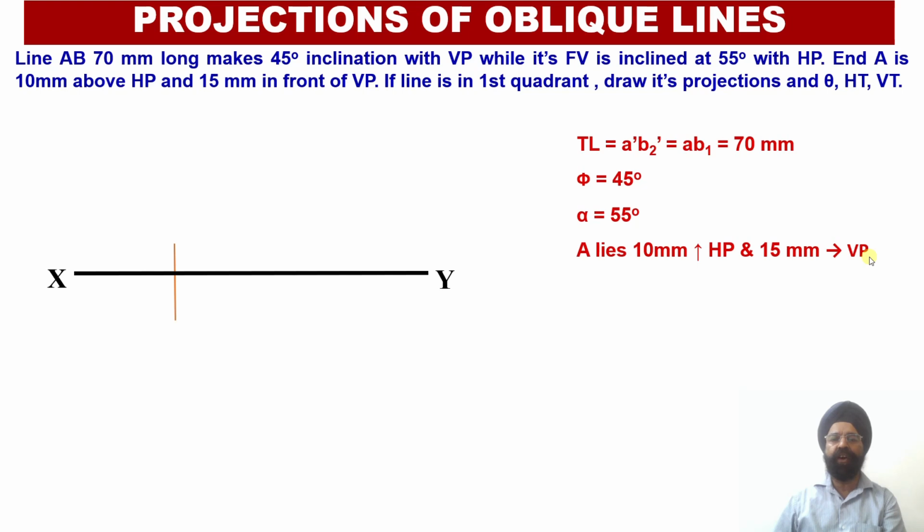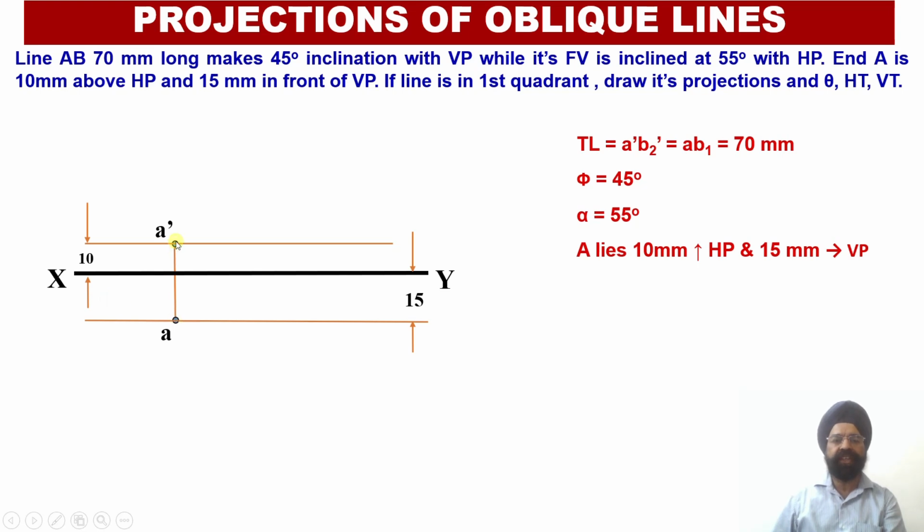Since end A lies in quadrant number 1, the front view, that is 10 millimeter above HP, will be drawn above the XY reference line, and the top view of end A, that is point A, will lie 15 millimeter below the XY reference line, since end A lies 15 millimeter in front of the vertical plane. So here we have A dash lying 10 millimeter above the XY reference line, and point A top view has been plotted 15 millimeter below the XY reference line.